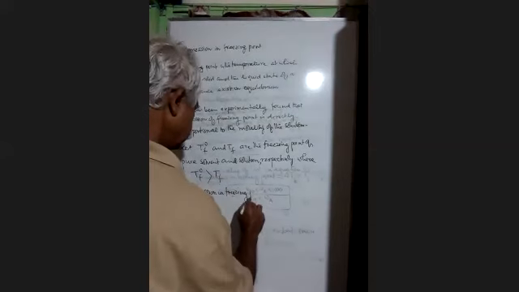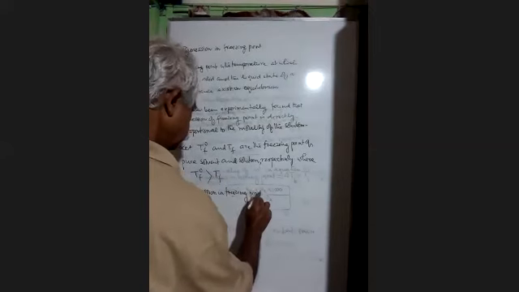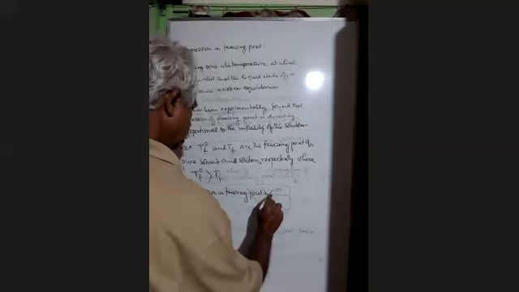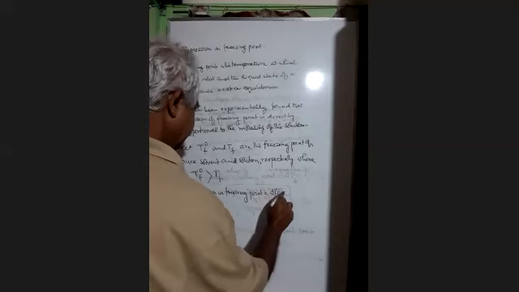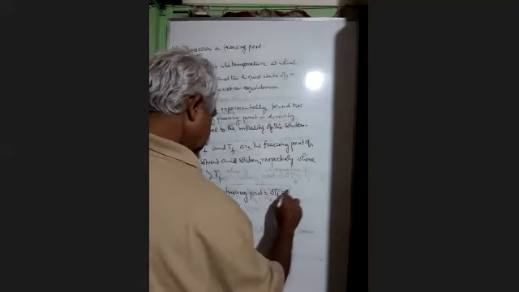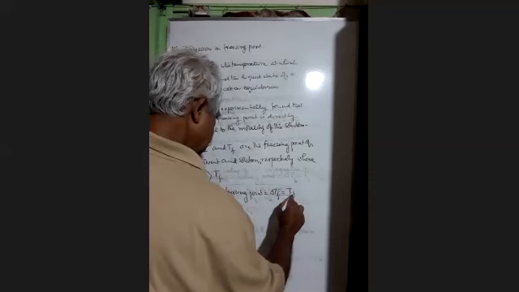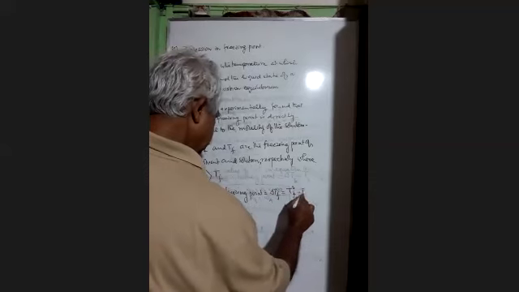So what we can write? Therefore, depression in freezing point is equal to delta TF is equal to TF0 minus TF.